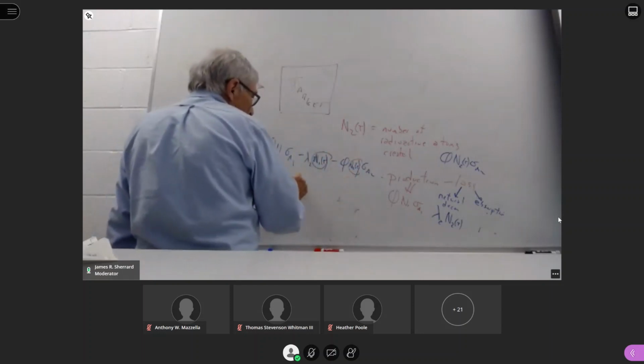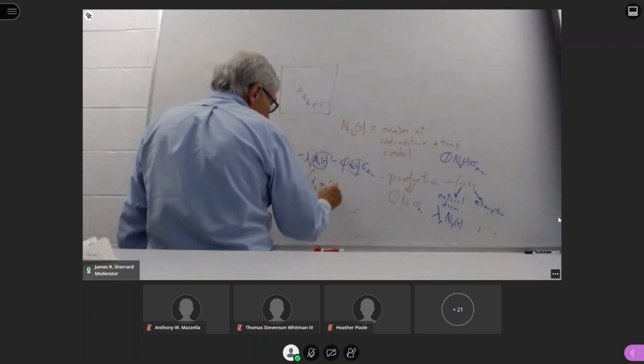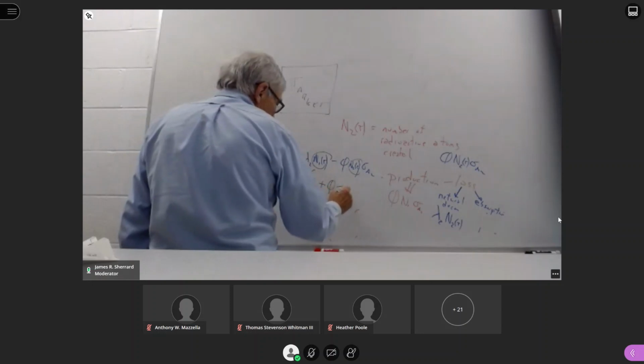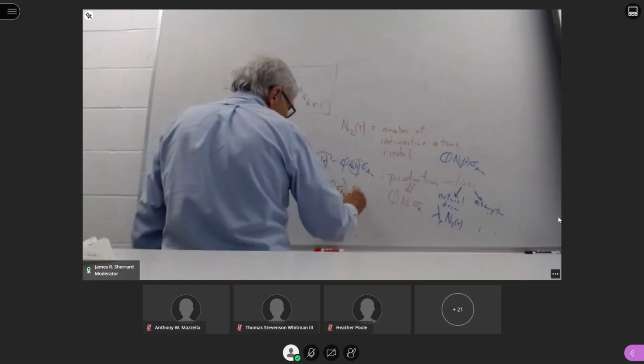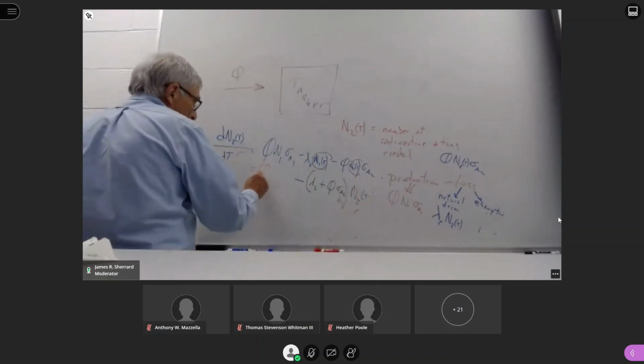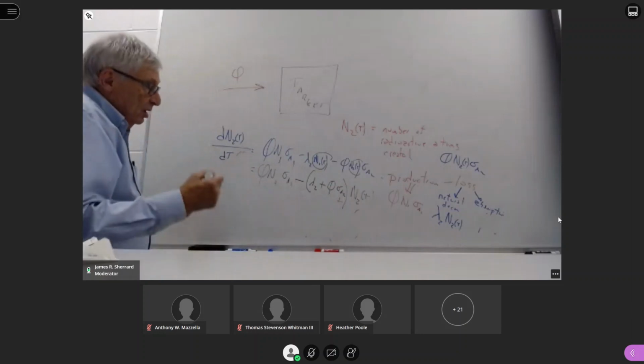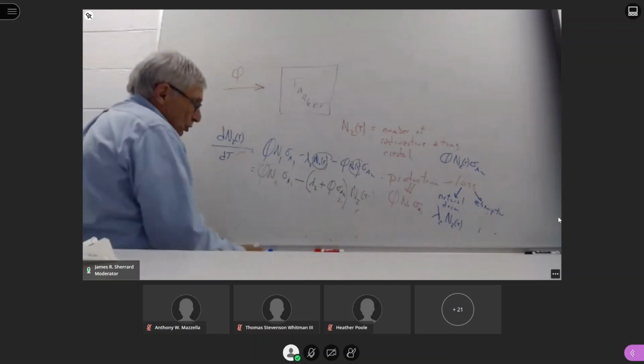So if we pull that out, we're going to have minus lambda 2 plus flux sigma A2 times N2(t). So we've changed this equation to do this. We then introduce a new term.